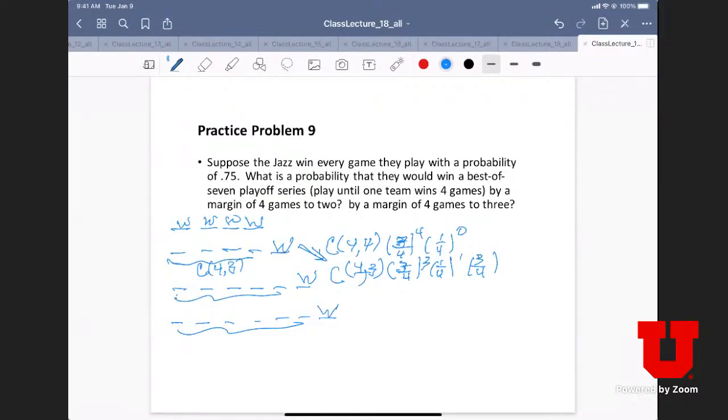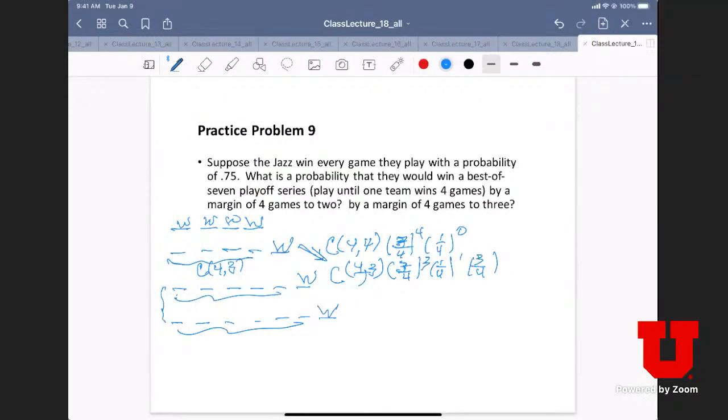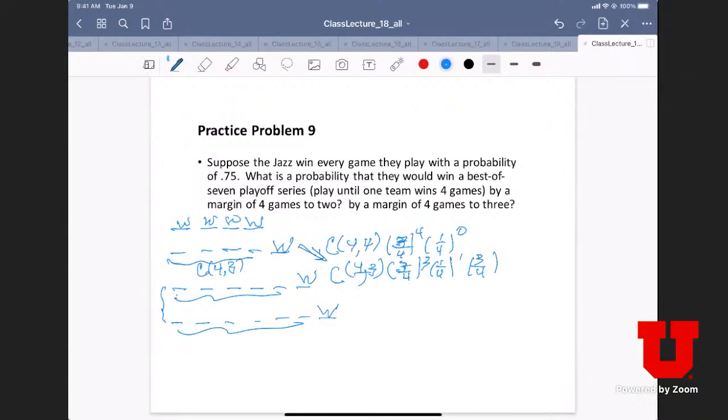So I'm doing extra work. You're not confused. The only 2 that matter for this problem are the last 2 possibilities. Oh, I see. The more general case would be, what would the probability be of them winning 4 games out of a best of 7? And we can figure out that too while we're at it. Okay, I get it.